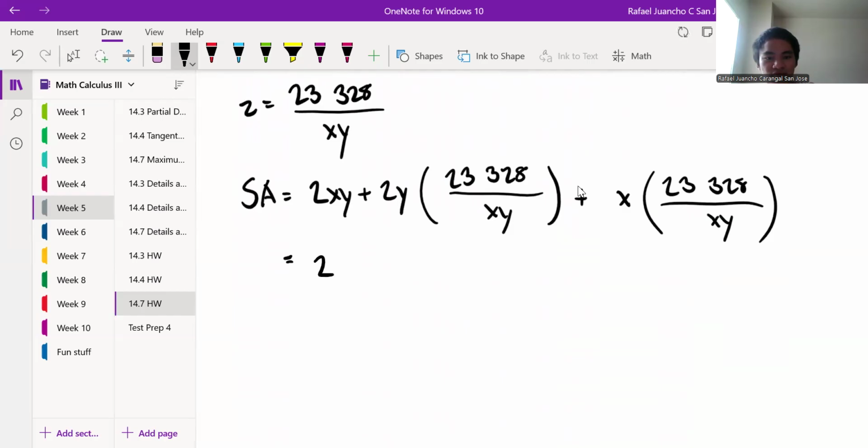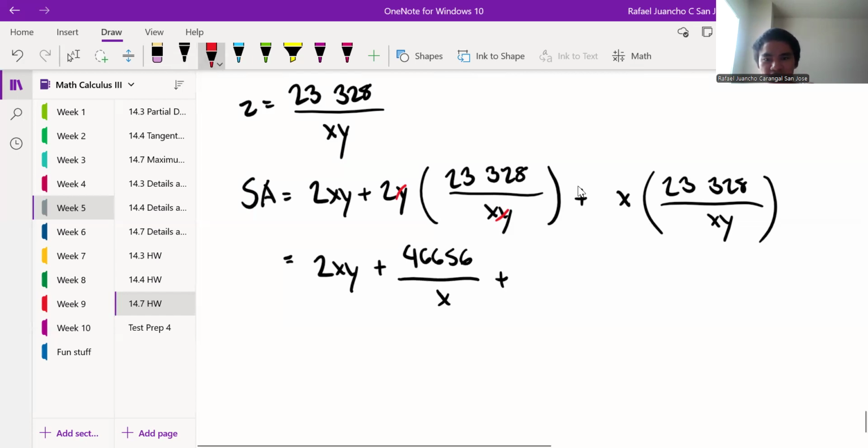So I'm going to get 2xy plus, I could cancel this. So I get, what was this again? 23,328. Multiply that by 2, I don't know what that is. 46656 over x, right?